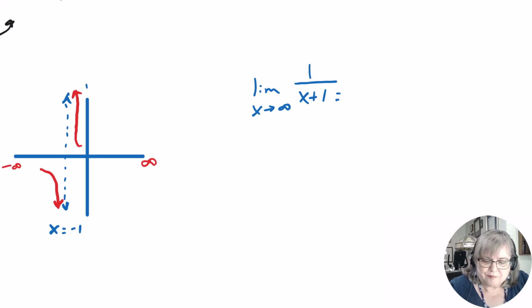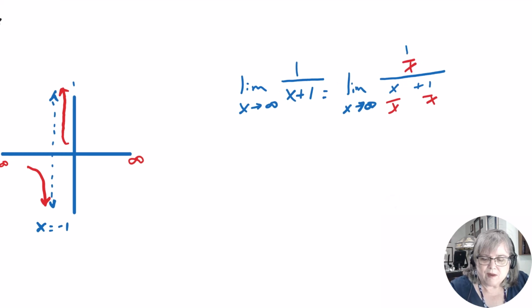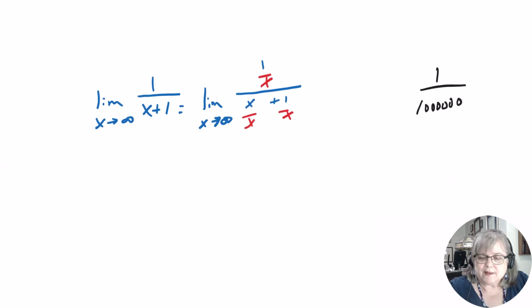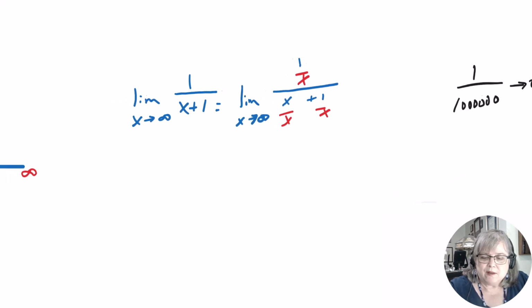It's my only one. So I would have the limit as x goes to infinity of 1 over x plus 1, and I'm going to divide everybody by x. Now, what we know is if dividing by a little tiny number gets you a big number, taking a number and dividing it by a huge number is going to approach 0.